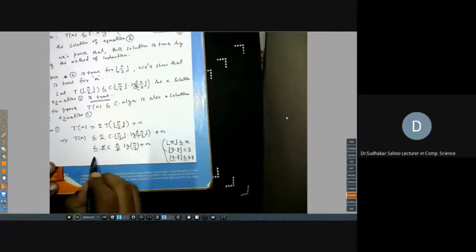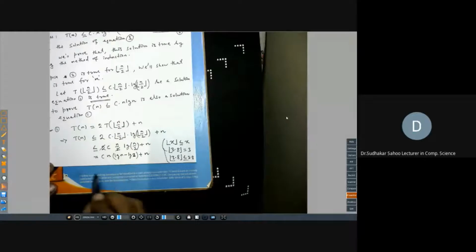So this is equal to T(n), log n by 2 is log n minus lg 2, plus n. What is lg 2? lg 2 is 1. Log 2 base 2 is 1. So this is equal to Cn (lg n minus 1) plus n.